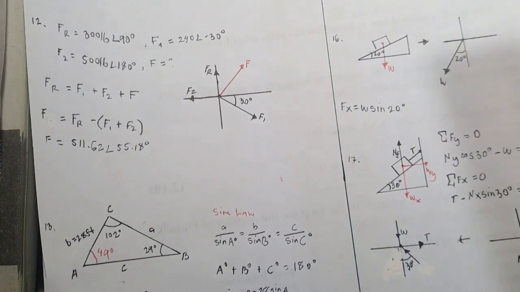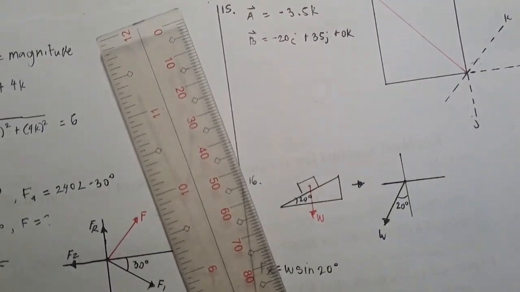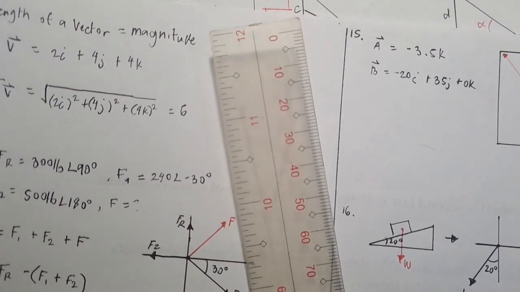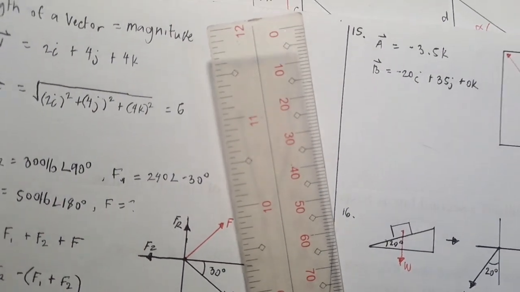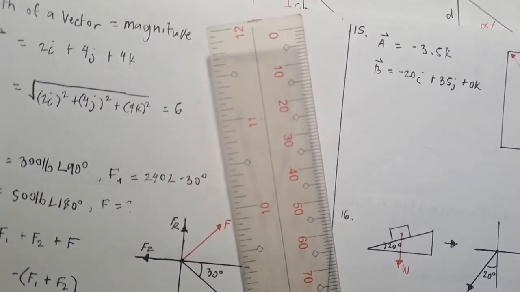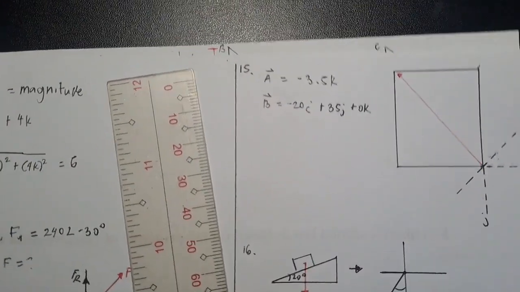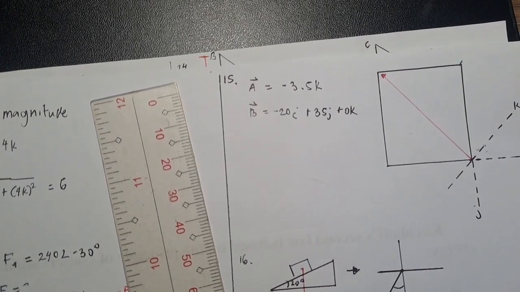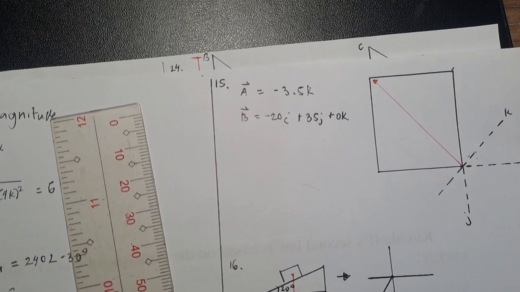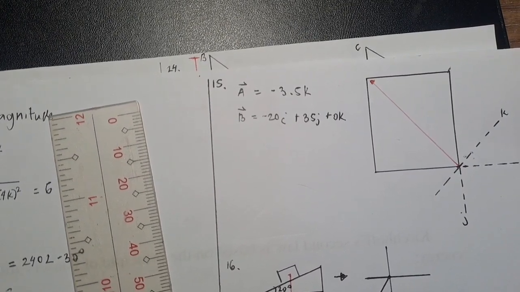This one is from our midterm exam in P6. Vector A is 3.5 centimeters long, directed into this page.